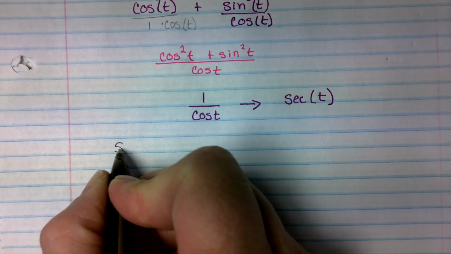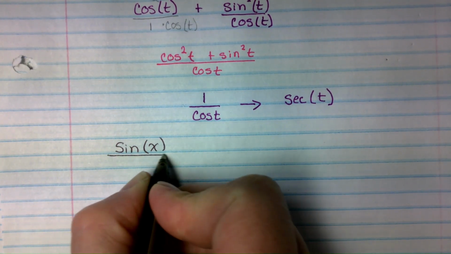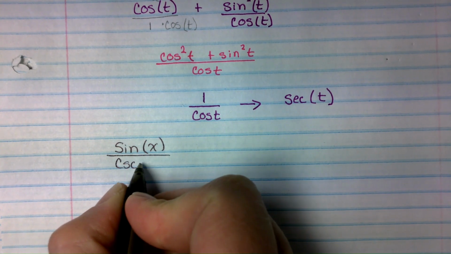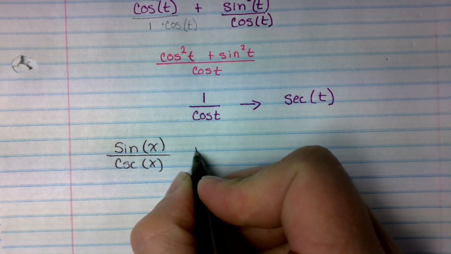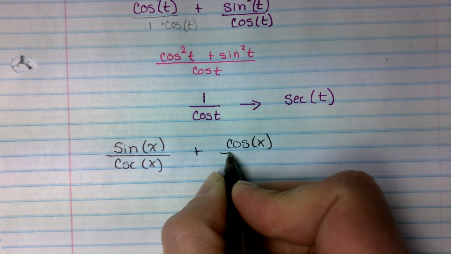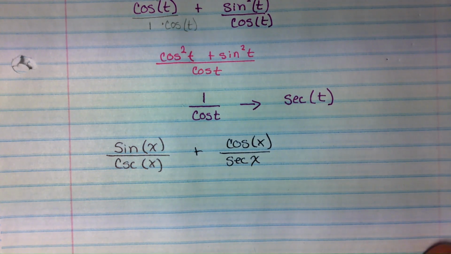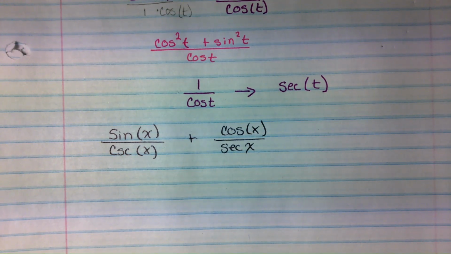So let's simplify sine of x divided by the cosecant of x plus cosine of x divided by secant of x. Okay, so let's break that down.